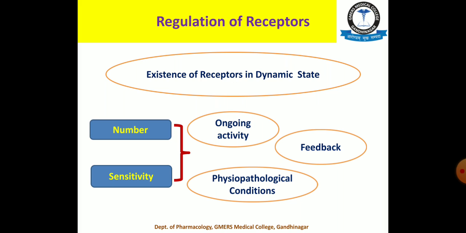I am explaining this by giving one example. You all know that oxytocin is responsible for the contraction of the myometrium of the uterus. Okay, and estrogen sensitizes, or we can say estrogen increases the action of oxytocin for this function.